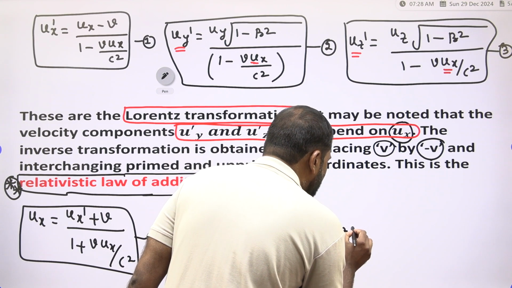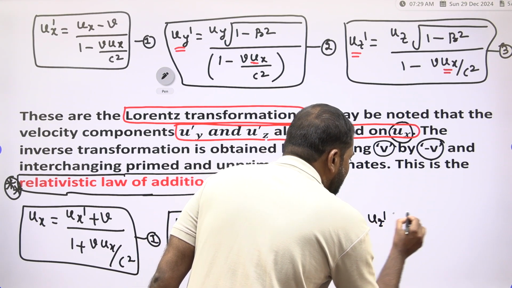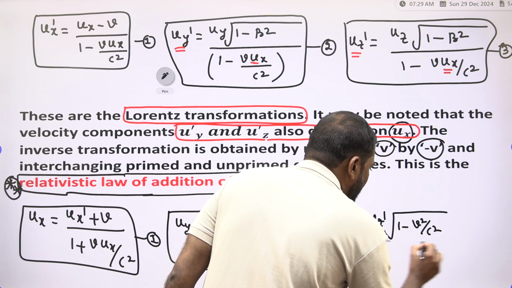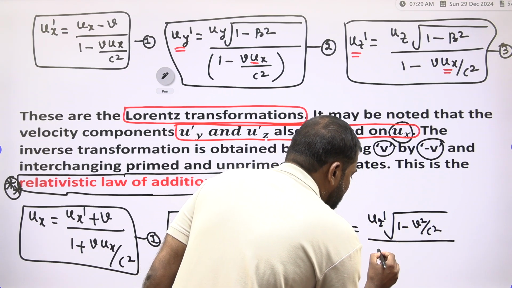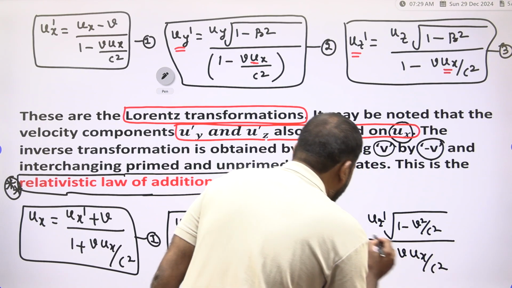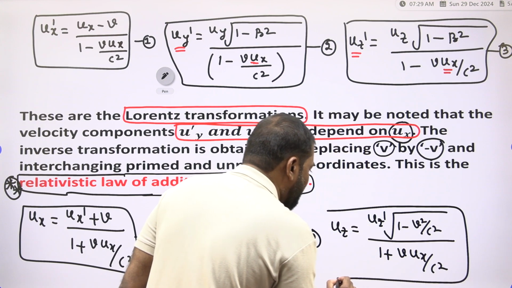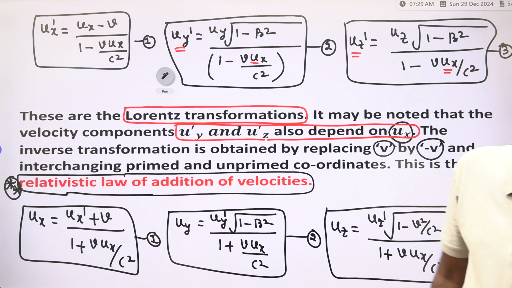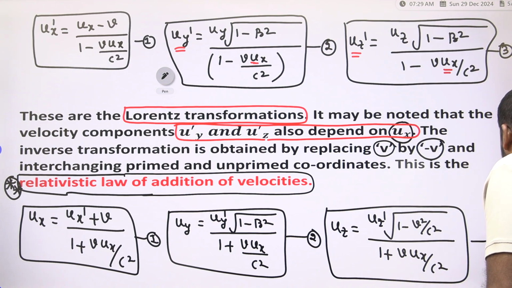uz is equal to uz dash into square root of 1 minus v square by c square, or beta square, divided by 1 plus v into ux dash divided by c square. This component also contains the x component. These three we call the Lorentz inverse velocity transformations.